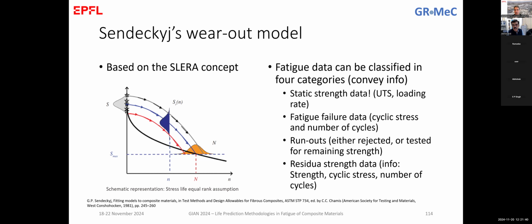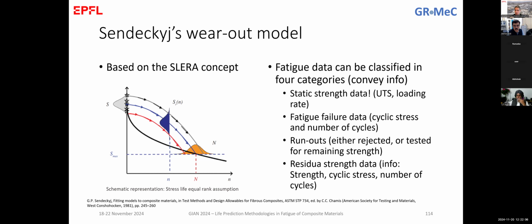This is something that is reasonable to assume. That's why we adopt this assumption. And this assumption helps this model to summarize all the results, because if this assumption is not correct, then you cannot summarize the results. You cannot mix the quasi-static results with the fatigue results.